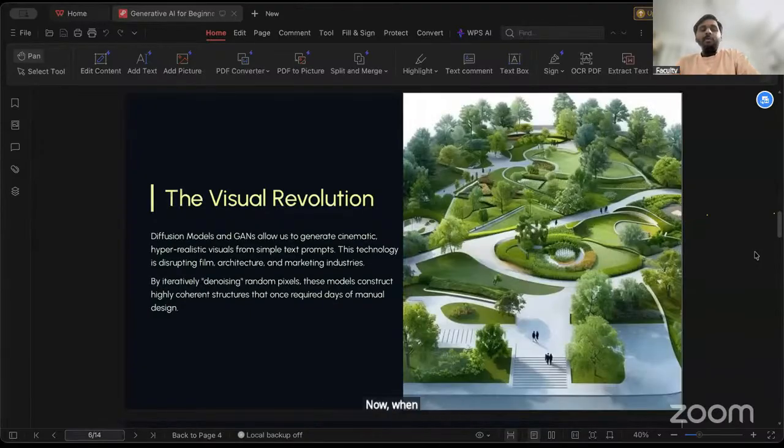Now, when we talk about creation and generation of new things, a lot of people think that giving a prompt is an easy task. Ideally, unless your prompts are specific, you will not be able to get a more precise and relevant outcome. What does that mean?